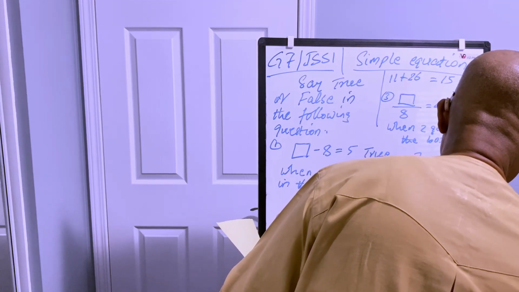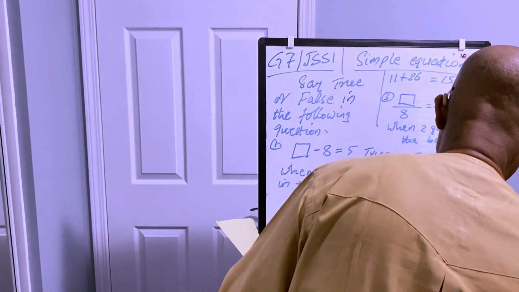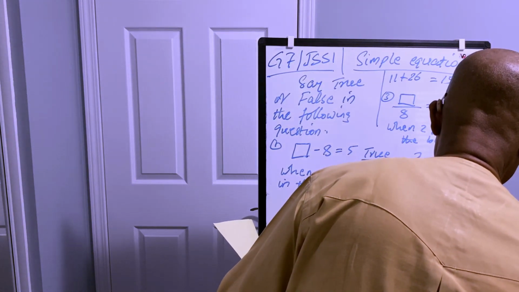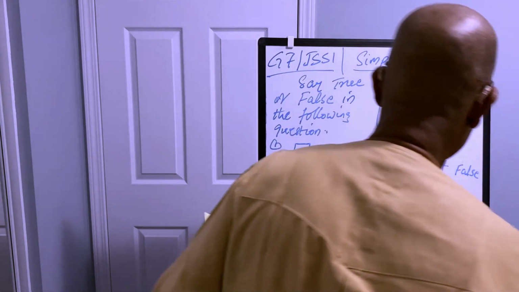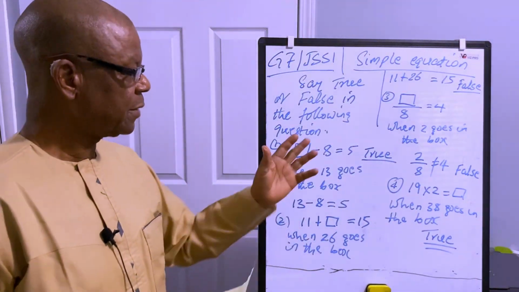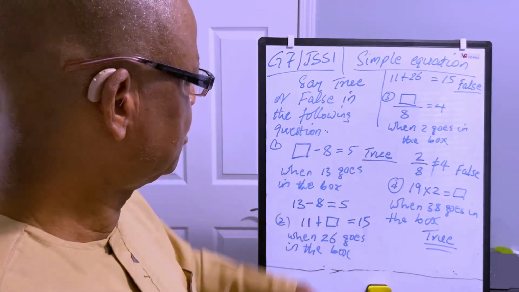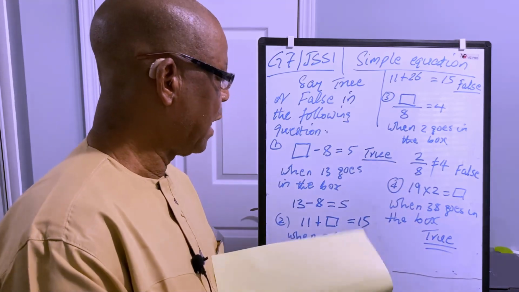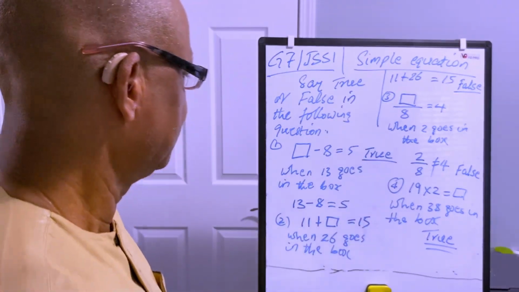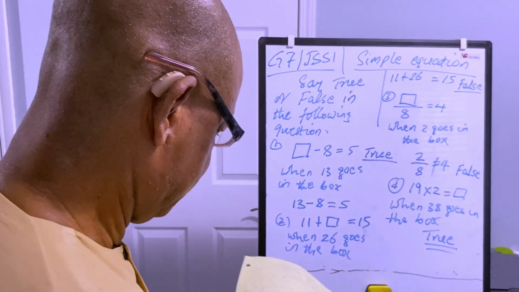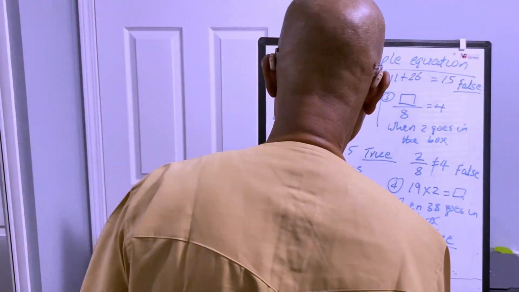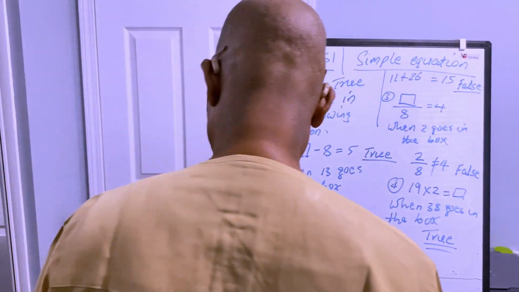So your answer here is true. It is true. Well, talking of a simple equation, so this is true. I do hope you are following. That is, when we are expected to say true or false, we have done that.